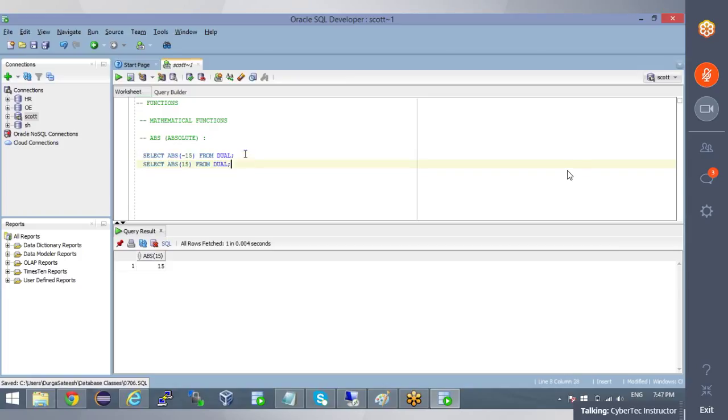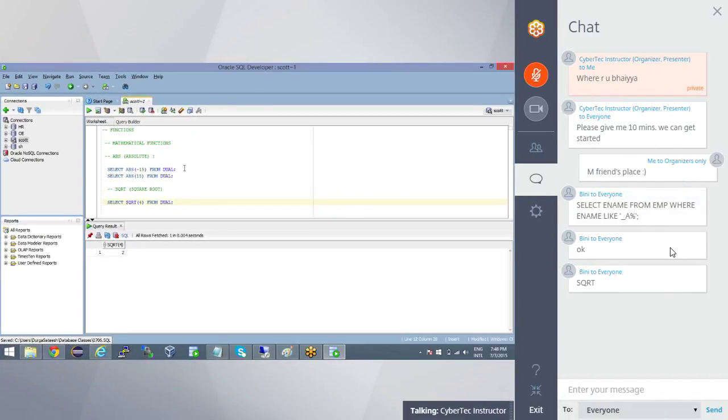Okay. Likewise, you have another function called SQRT. And I'll be talking about main important functions that we'll be dealing with. Okay, it is square root. Okay, let's say select SQRT of 4 from dual. This is all your simple mathematics. The answer would be 2.